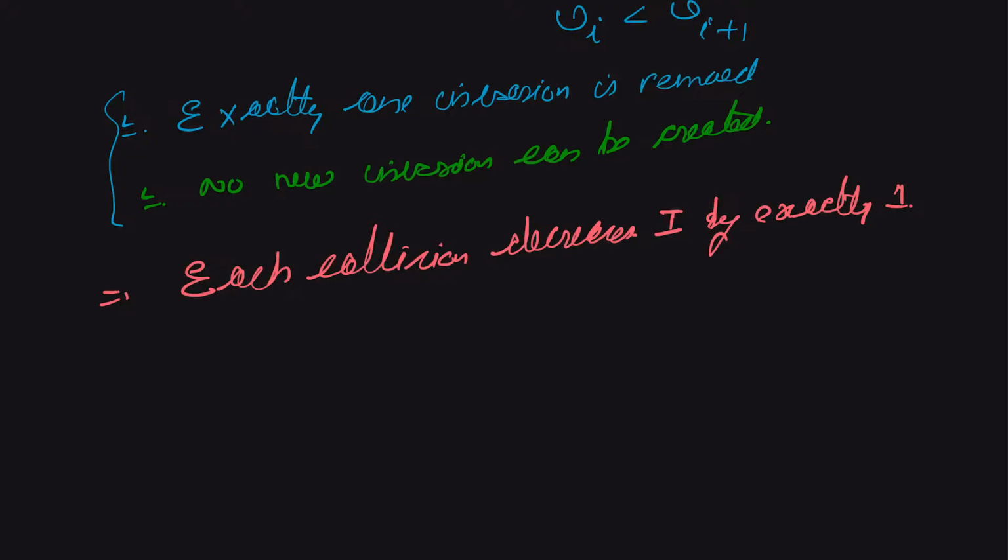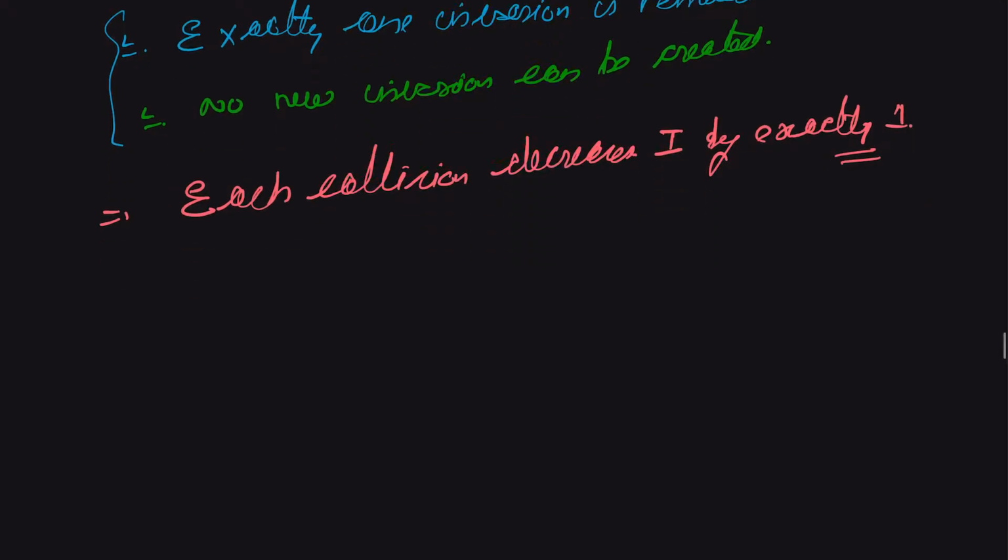Based on this, we are going to find out the maximum possible initial inversions. We know one collision reduces the inversion by 1.